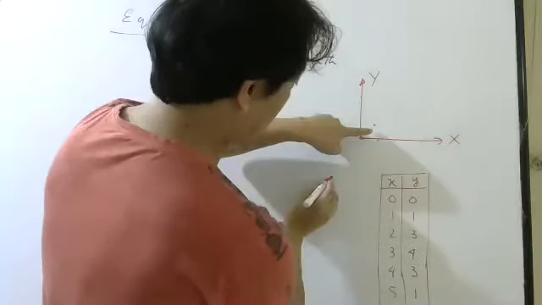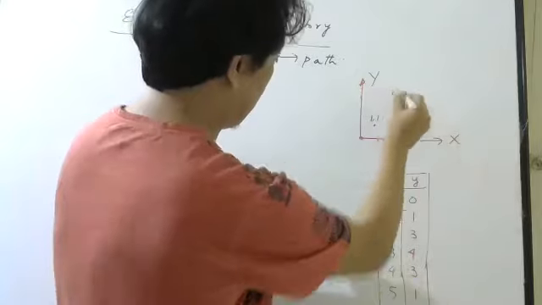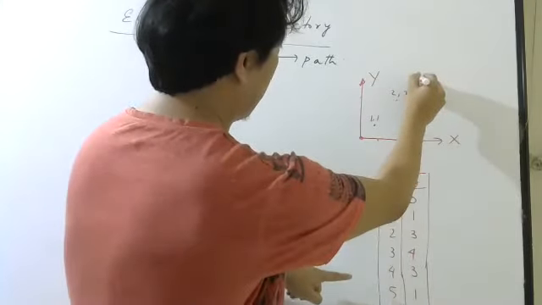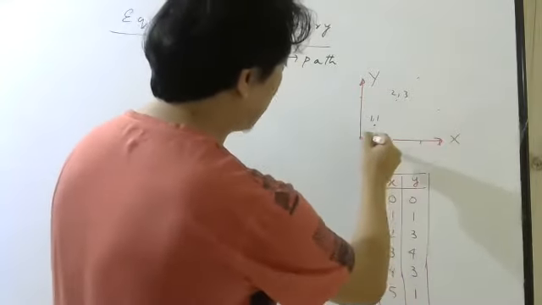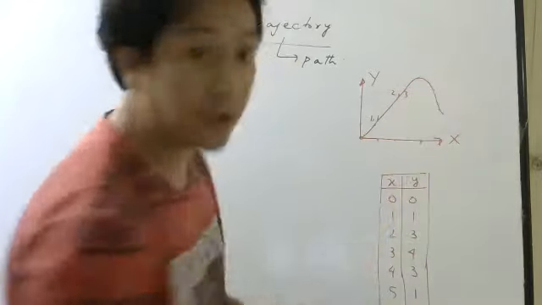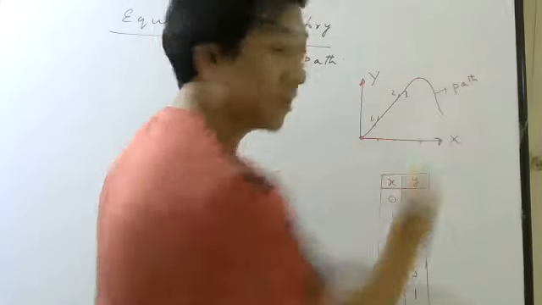This is your 1, 1. This is your 2, 3. Then when x is 3, y is 4 here. When x is 4, y is 3 back here. So by joining these points, what will you get? The path of the particle, yes or no?